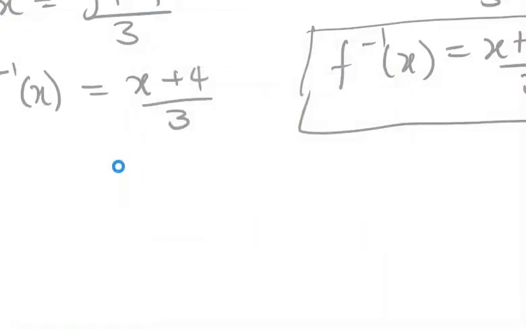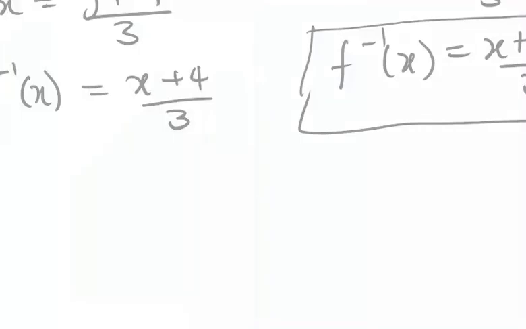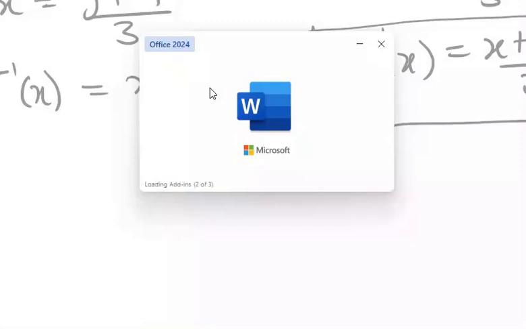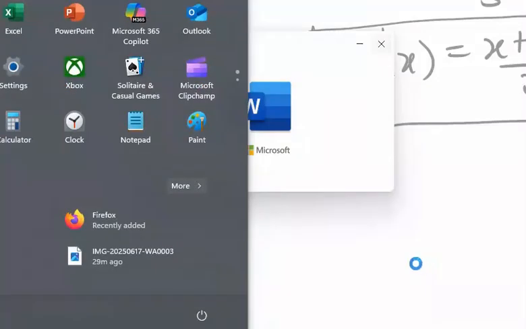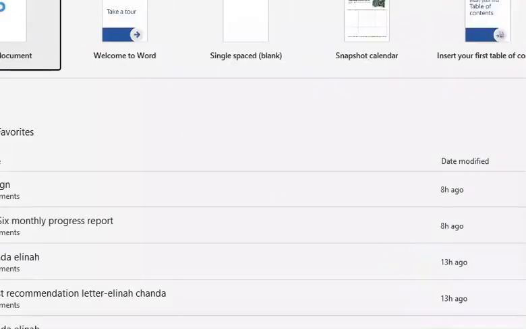So part B, I think let me just use weight. This one is not behaving rightly. Okay, so sorry about that.